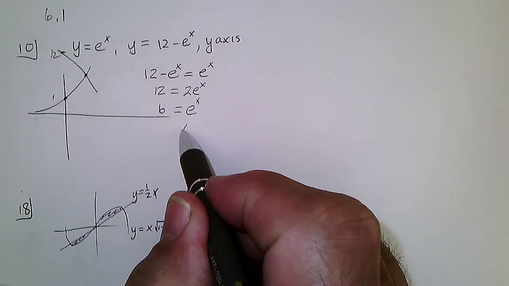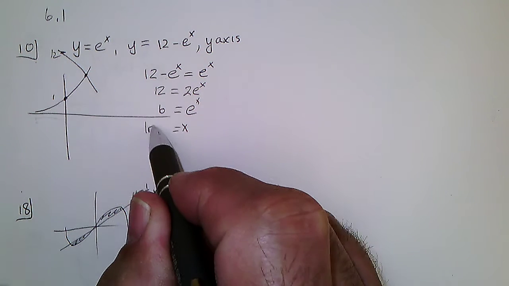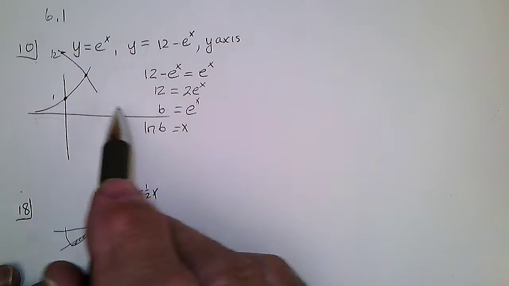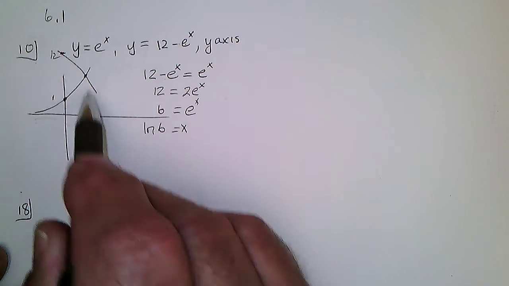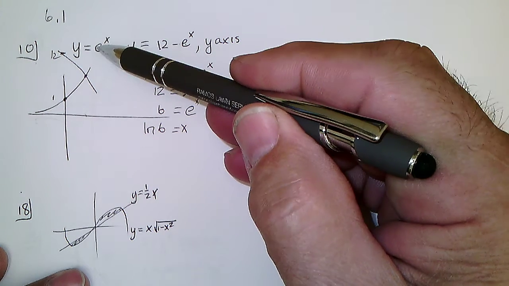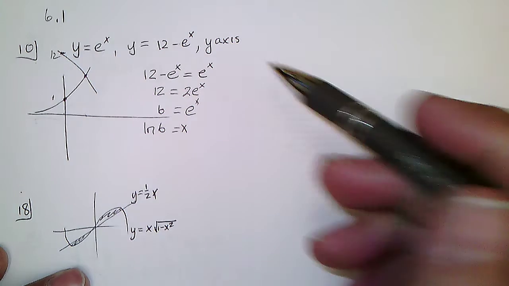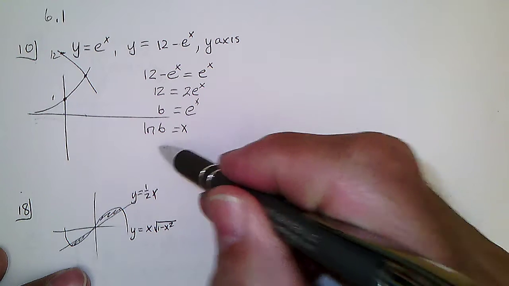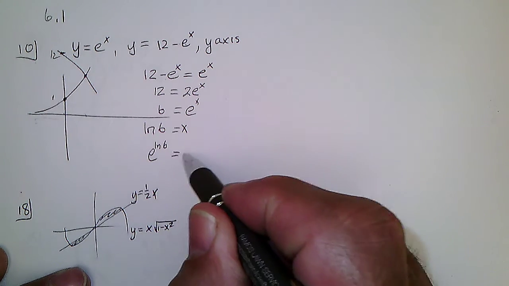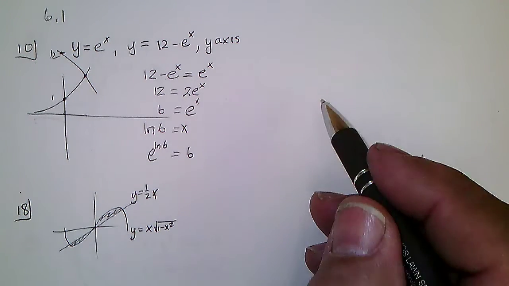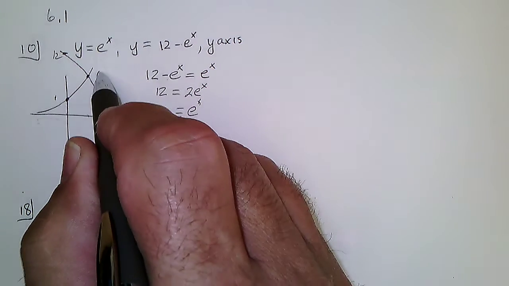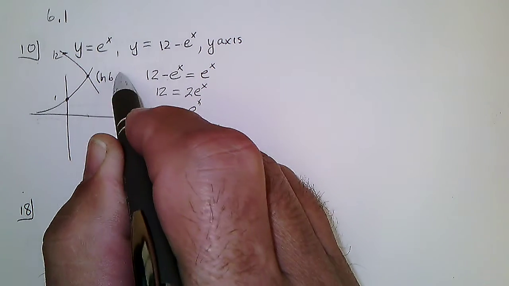So x equals ln 6. They meet at ln 6, and the height, when I put ln 6 in here, e to the ln 6 is 6. So the intersection point is ln 6 comma 6.